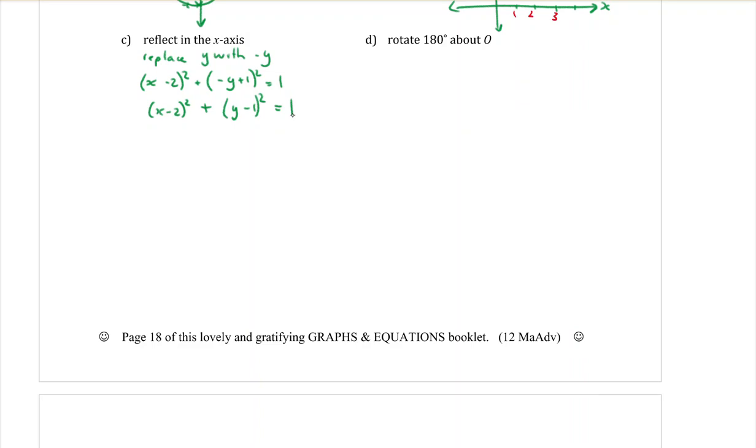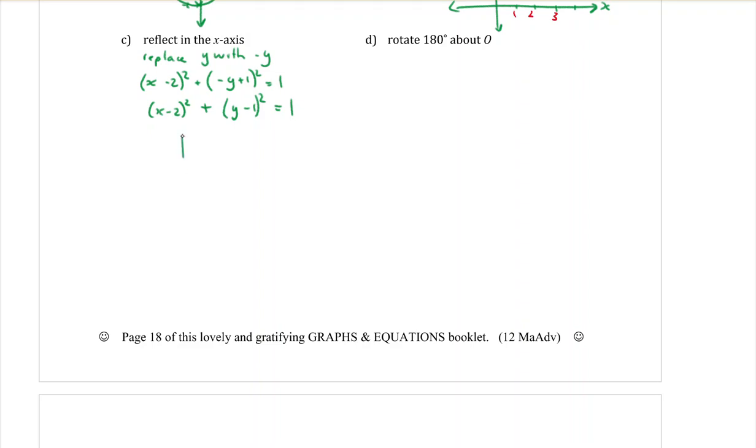Yeah, so you bring the minus factor out, but you square that factor to make still a positive in between the two brackets. So really all it has done is change the sign of the y and the 1 inside that bracket. Okay, so what is the center of that circle? Not -1, 1. 2 and +1, x value first.